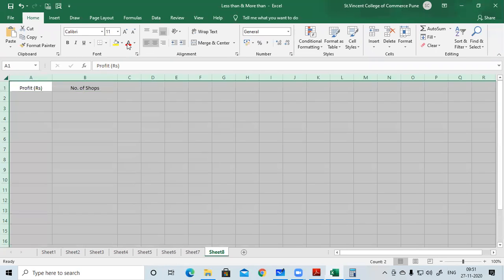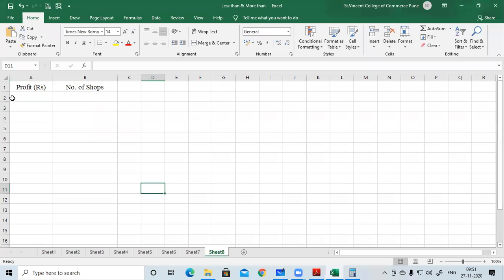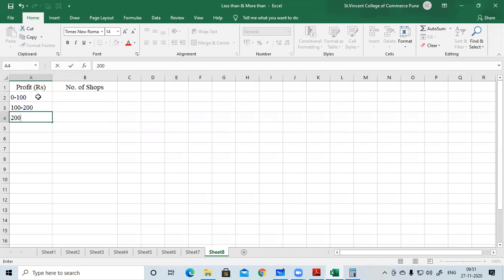So these are your data given to us. The two main things, profit and number of shops. The profit starts from 0 to 100. Do you remember doing this in classification? So the classification is given to us and it is 400 to 500.